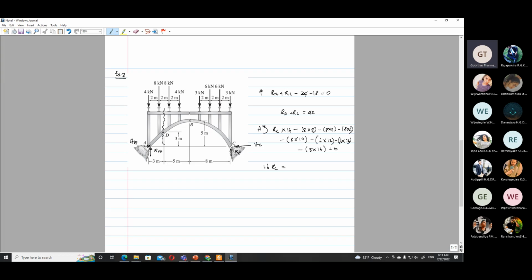So that is 306. So RC is 306 divided by 16, 19.125.